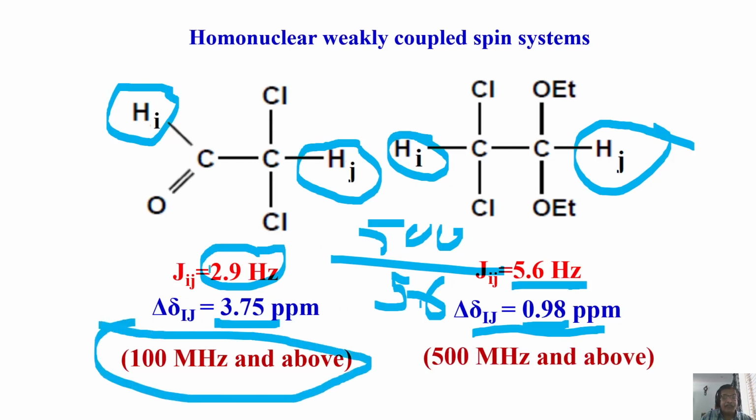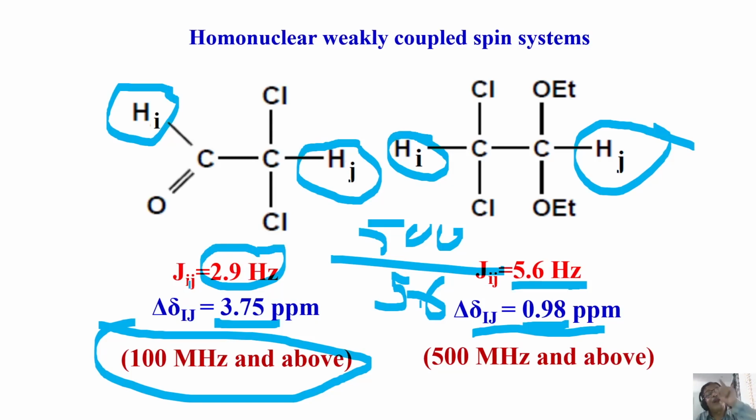Remember, the chemical shift separation depends strongly on the magnetic field. One important point I want to tell you: if your coupled nuclear spins are very strongly coupled, that means the chemical shift separation is not much large compared to the J coupling. Let us say you are recording the spectrum at 100 megahertz. What will you do to make it weakly coupled?